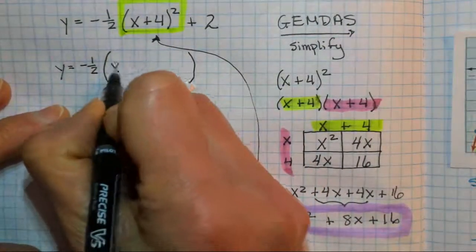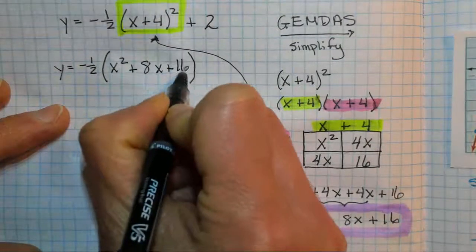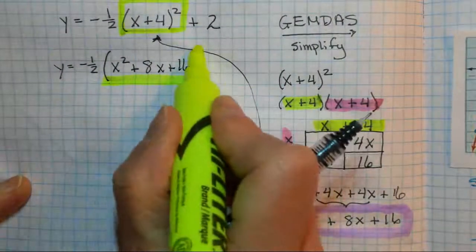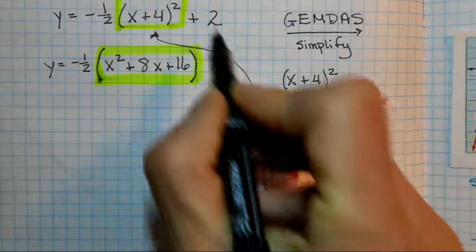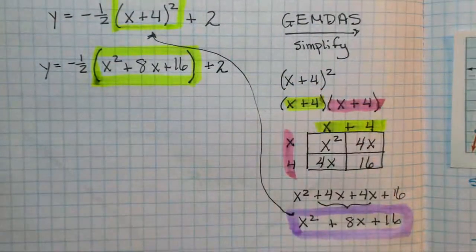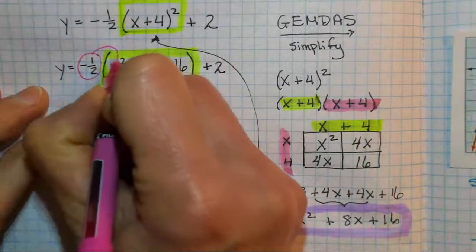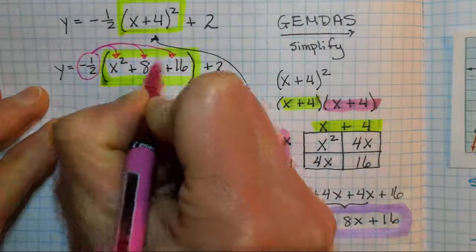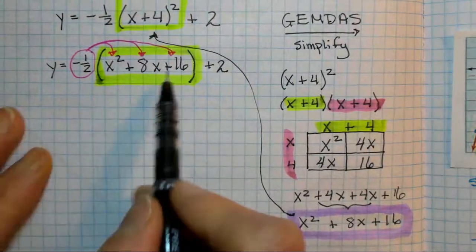So that's going to be x squared plus 8x plus 16, because that was my yellow box. And I still have this plus 2 hanging out right here. So now I'm going to use the distributive property, and I'm going to multiply in that negative 1/2 to what's inside that grouping.